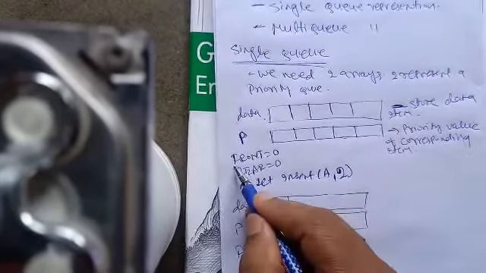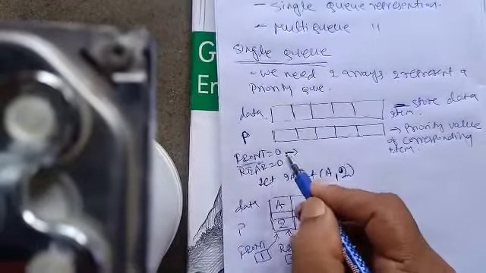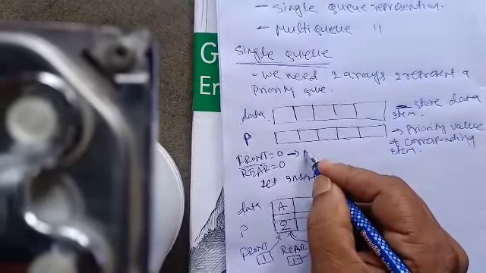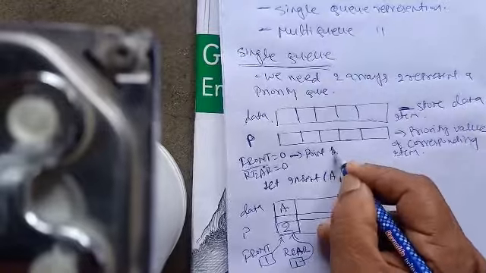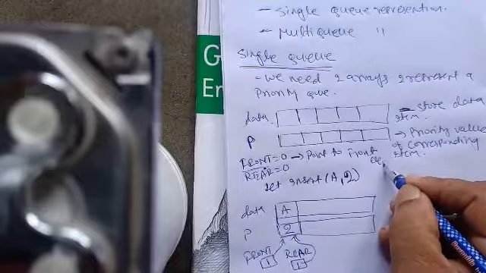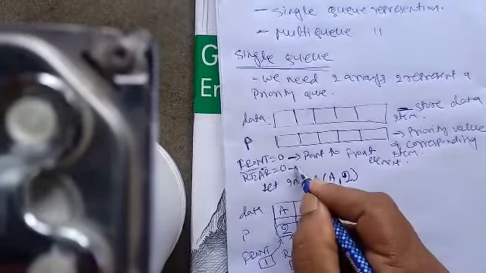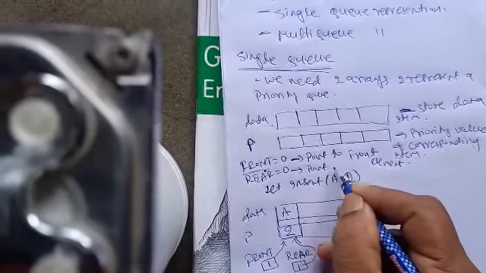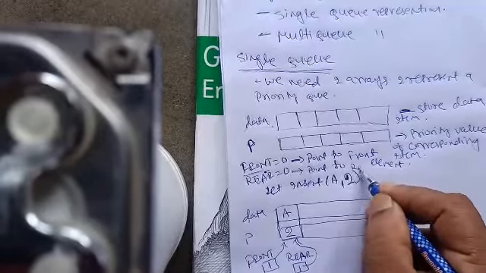Variable front points to the front element, and rear points to the rearmost element.